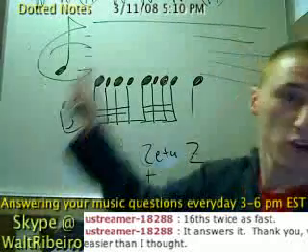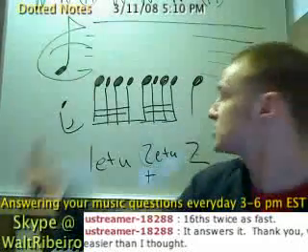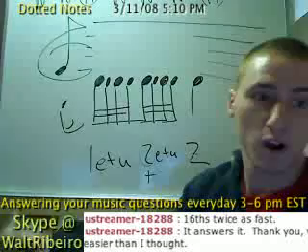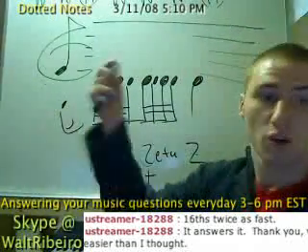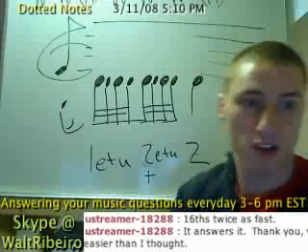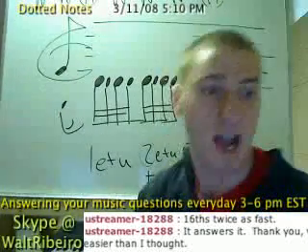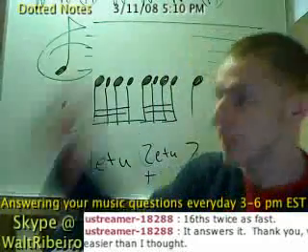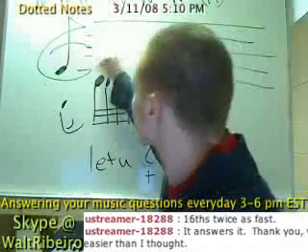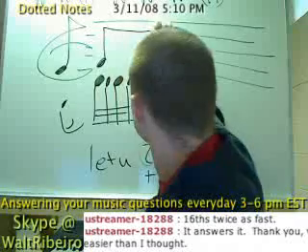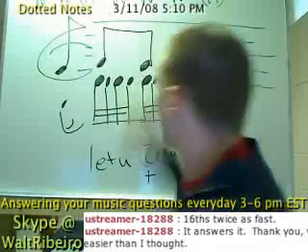We made them 8th notes, 1 and 2 and, changed them to 16th notes, 1 e and a 2 e and a, and now we made them 32nd notes. 1 e and a 2 e and a, 1 e and a 2 e and a. Notice how on the 2, I'm hitting on the upbeat. Boom, and there's the and right there, which is really just the same duration as your 8th note.